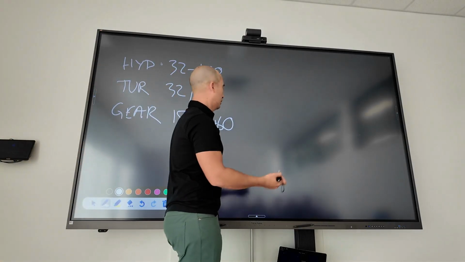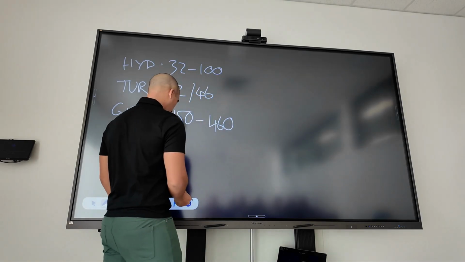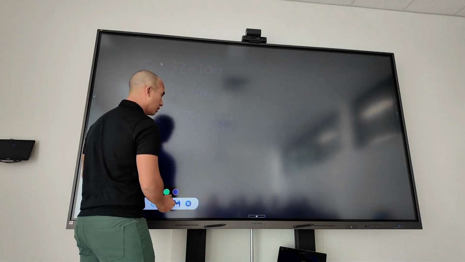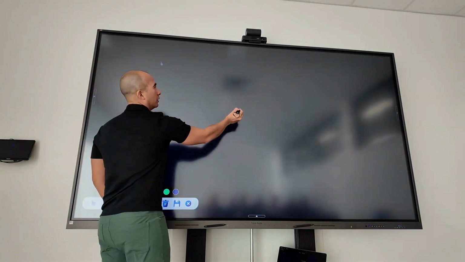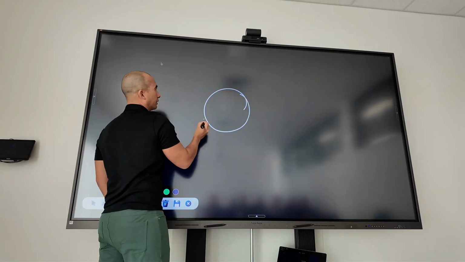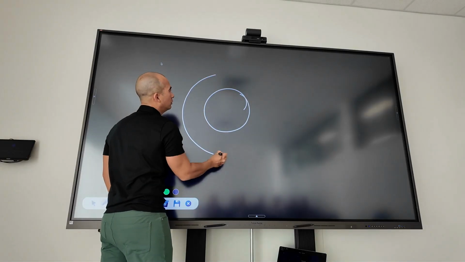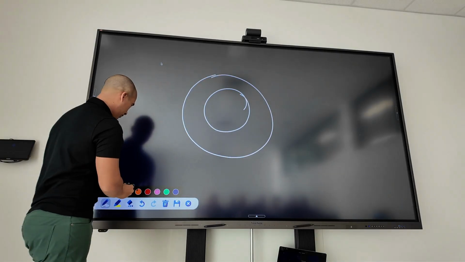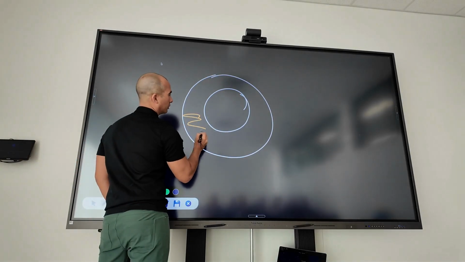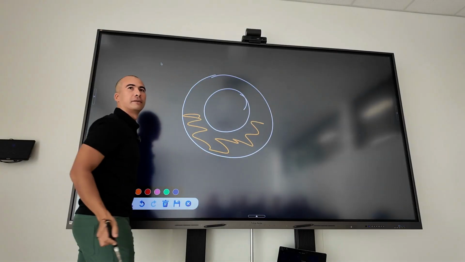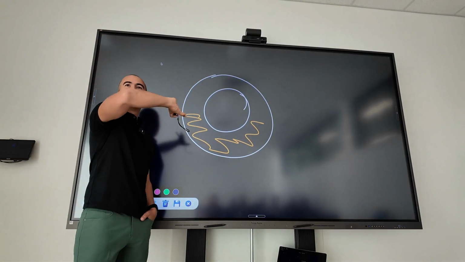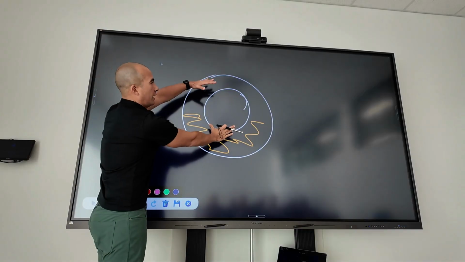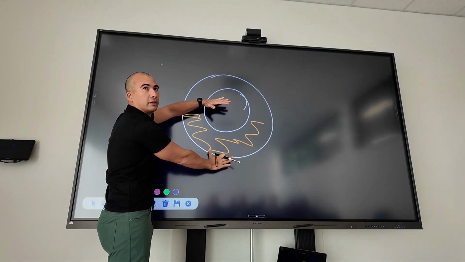Now, if you remember, in terms of the actual way that lubricants work, let's start off with a plain bearing. Yeah, it's just a circle inside another circle, and we'll put some liquid lubricant in here, right? Now, initially, when we have no speed, that thing is just sitting on the low side, right?